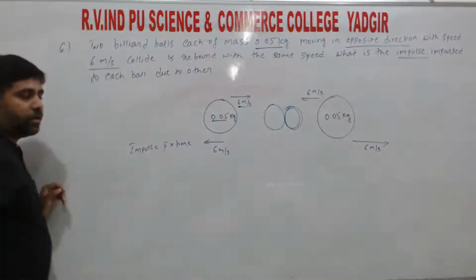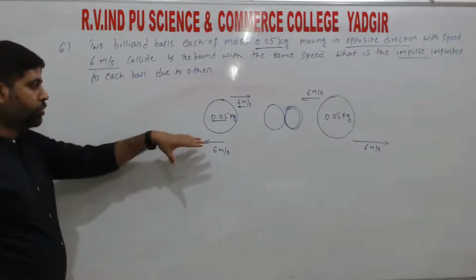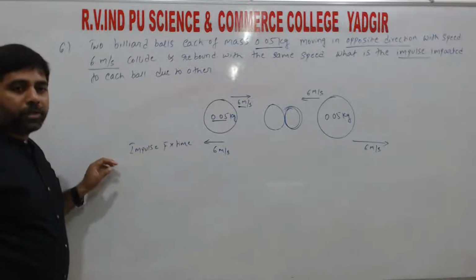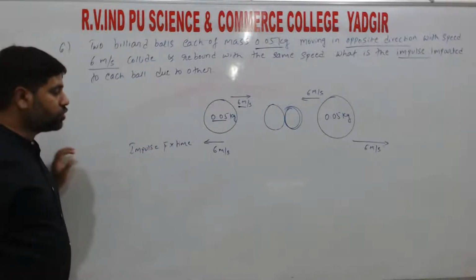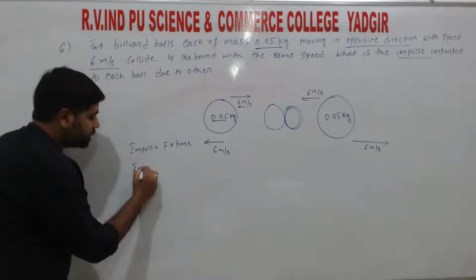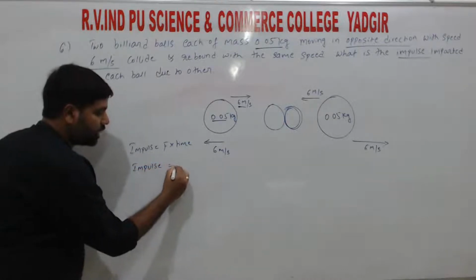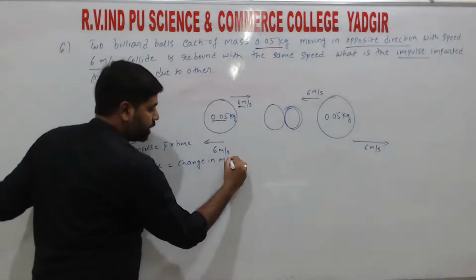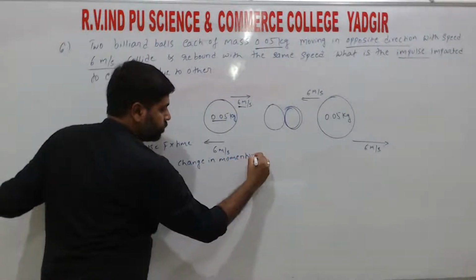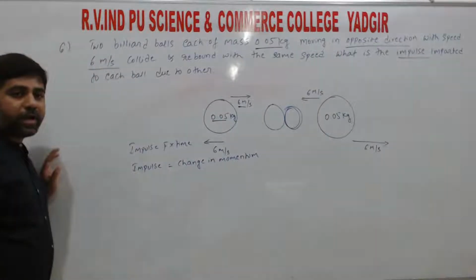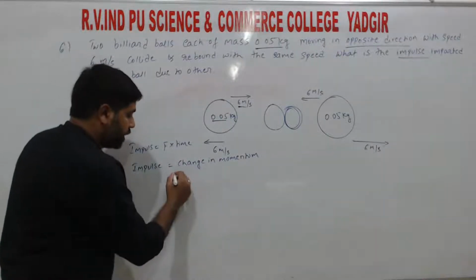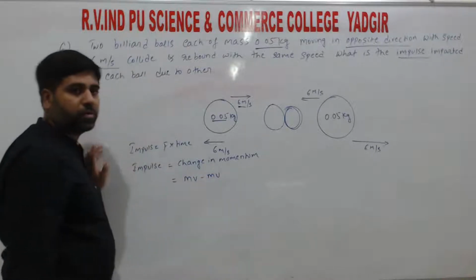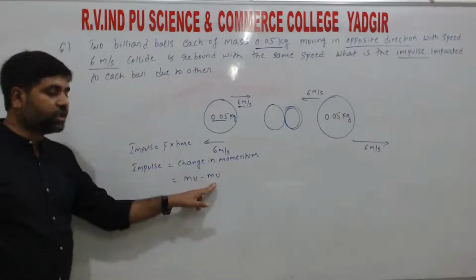So we are going to find it using the impulse momentum theorem. What it states is that impulse is equal to change in momentum. Change in momentum means final momentum minus initial momentum, that is mv minus mu, right? So this is the change in momentum.